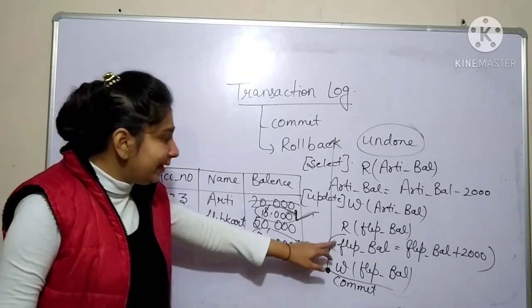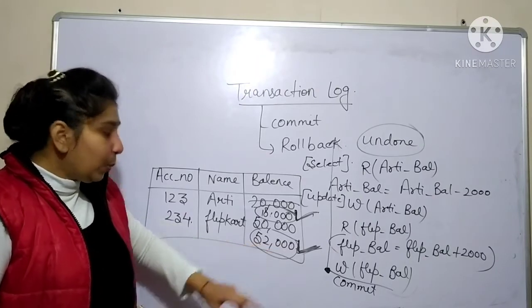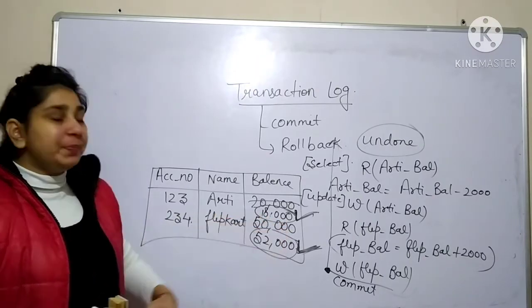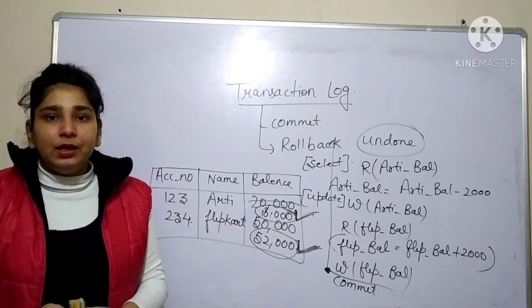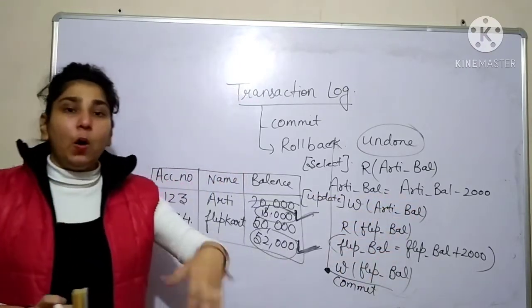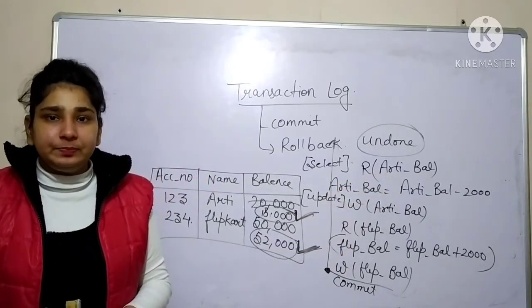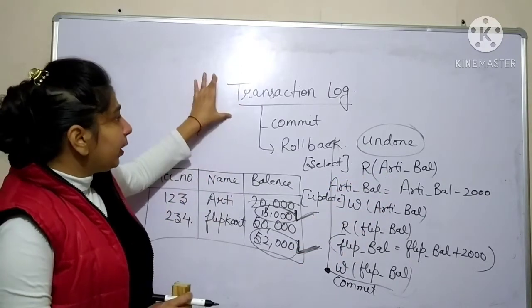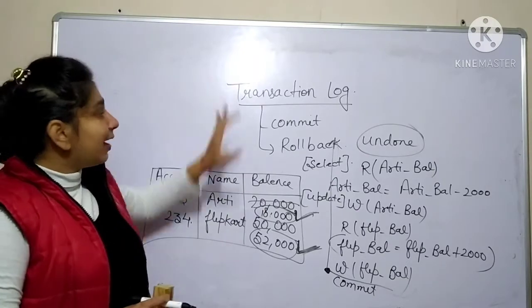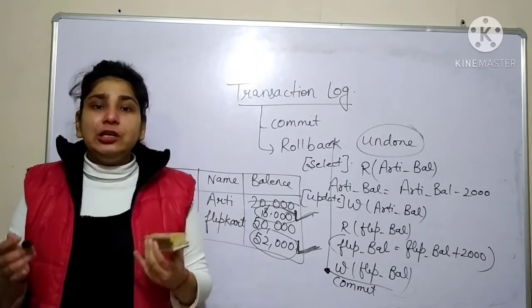So how will we know what my previous value was, and before performing this operation, what was the previous balance amount of RT? For that, we use the transaction log.